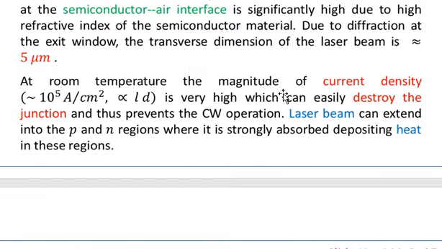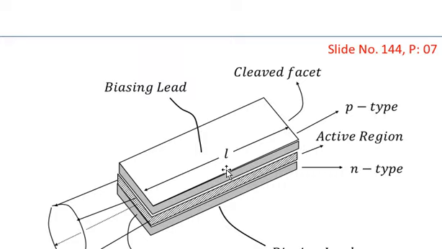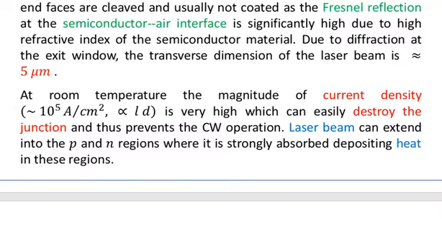At room temperature, the magnitude of the current density is of the order of 10 to the power 5 ampere per centimeter square, and this current density is also proportional to L times D, where L is the length of the wafer, as you can see over here, and D is the width of the junction, which I have discussed earlier.